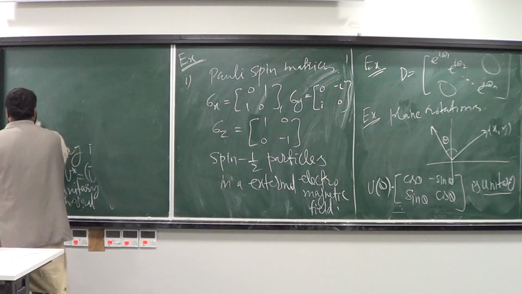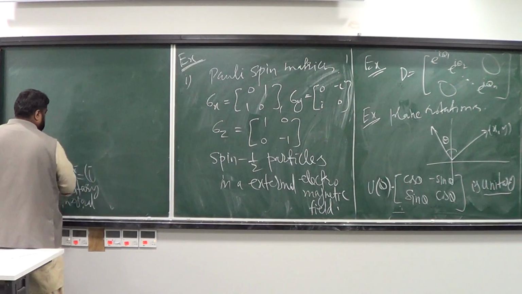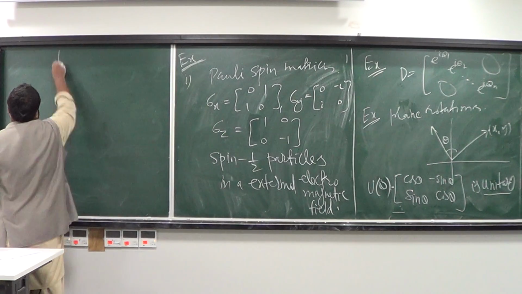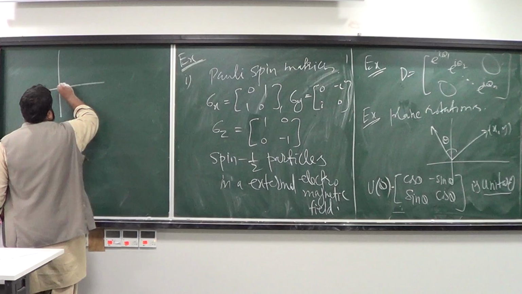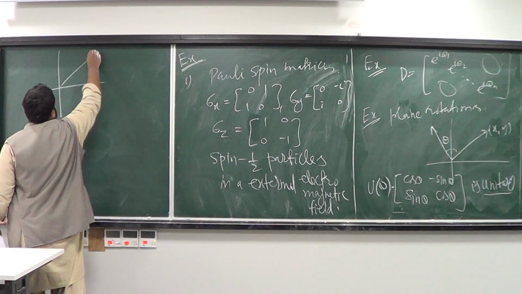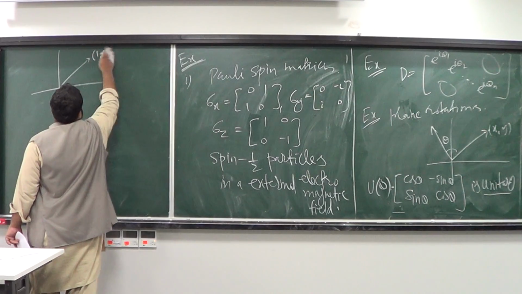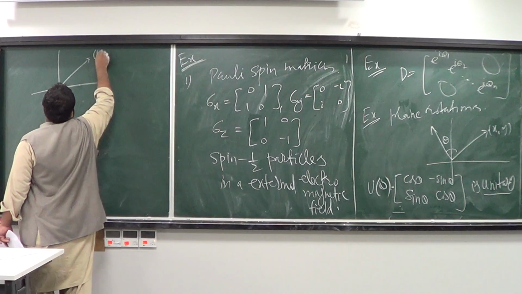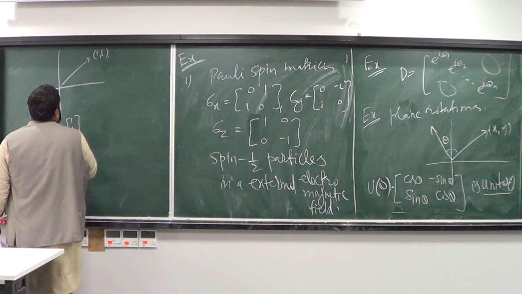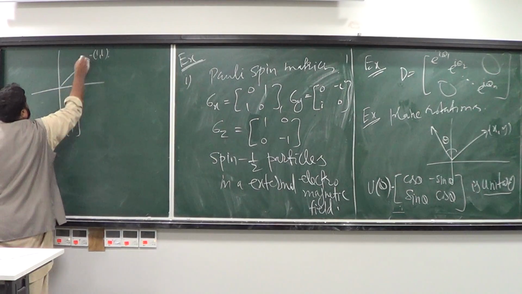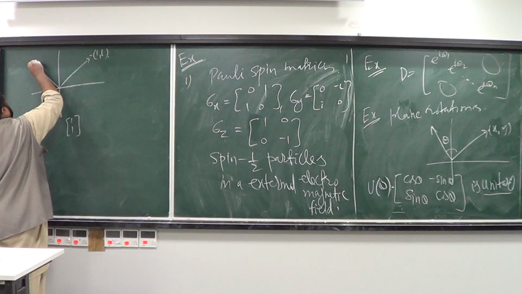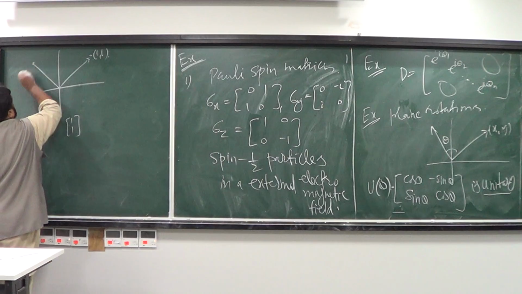If you take a position vector 1, 1, referring to the point 1, 1, and make a 90 degree rotation, what are you going to get? You can already guess what you will get.